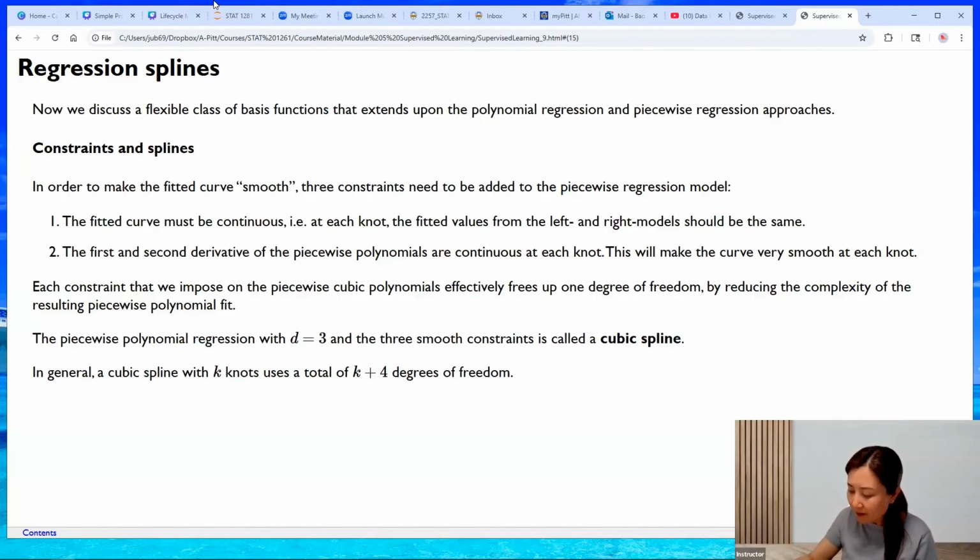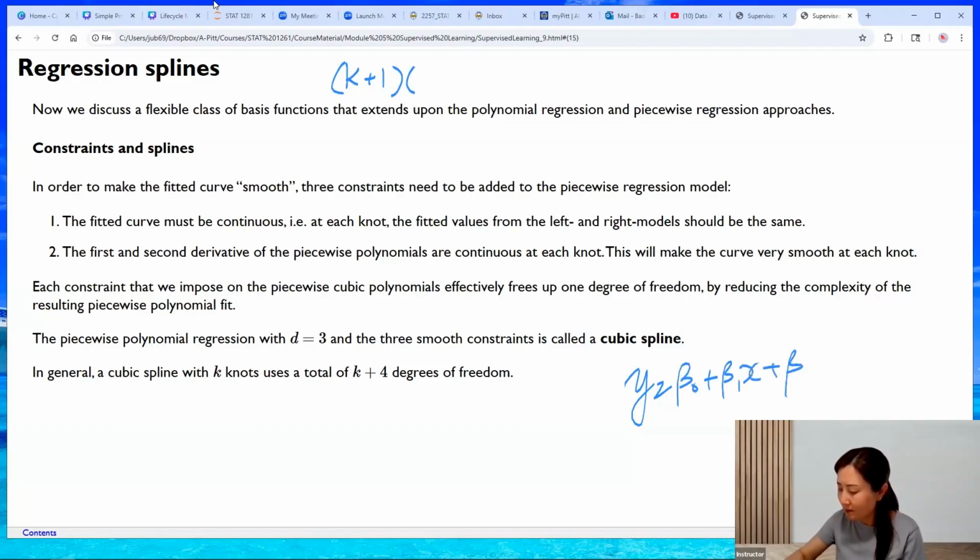Suppose there are k knots, then we need to fit k plus 1 models. Let's see for each model in each small region how many terms we need for a cubic polynomial regression. y is equal to beta 0 plus beta 1x plus beta 2x squared plus beta 3x cubed. So for a degree 3 polynomial, we need 4 parameters, so each one has 4 parameters.